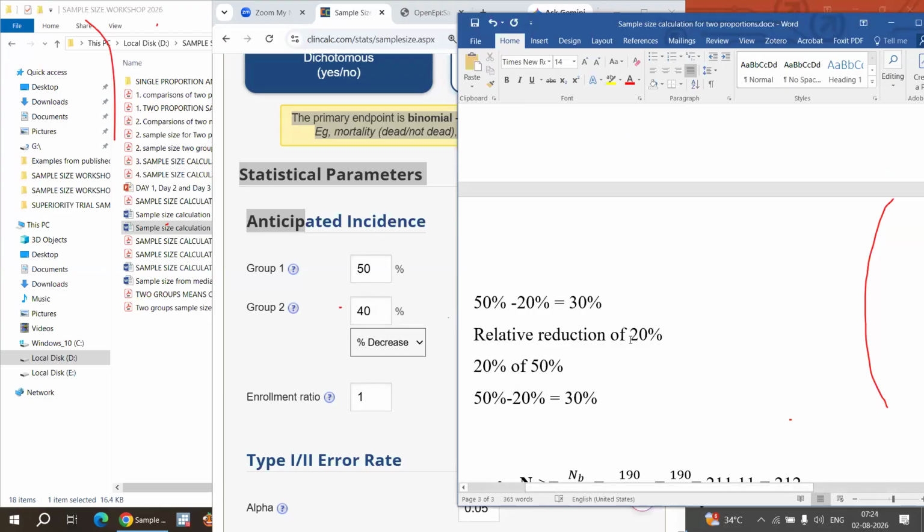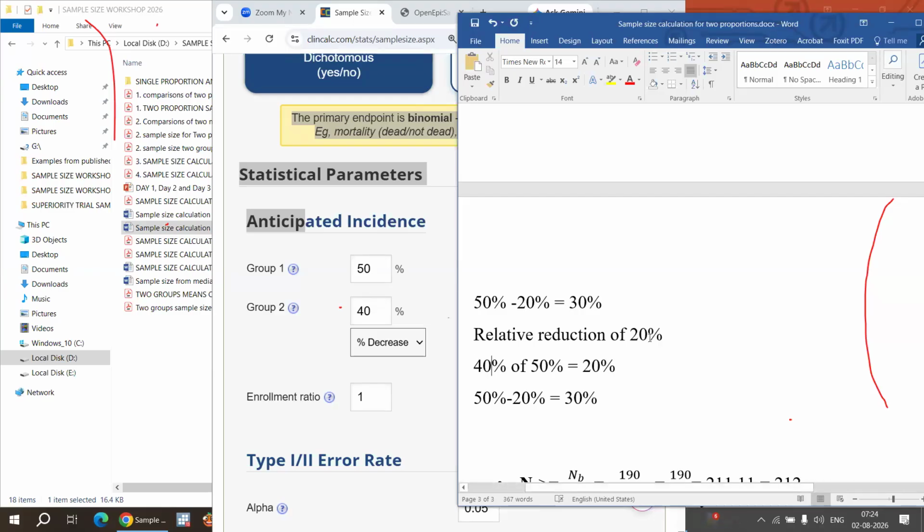So relative reduction, this value, what will be this value? The answer will be 20%. Okay. Can anybody tell me what will be the value here? Then the answer will be 20%. So here we have to write down 40%.